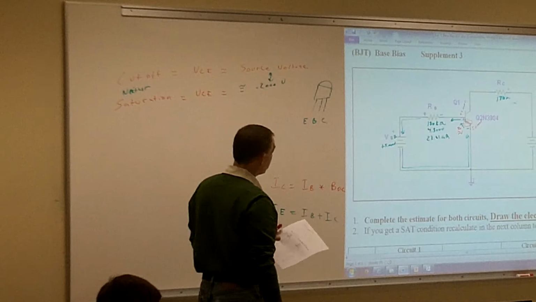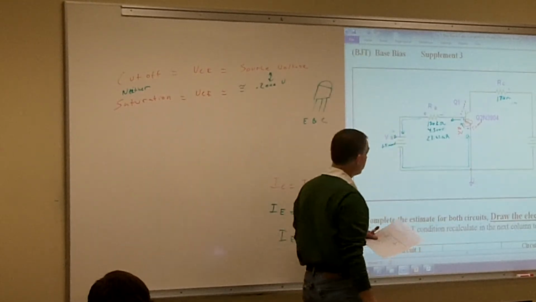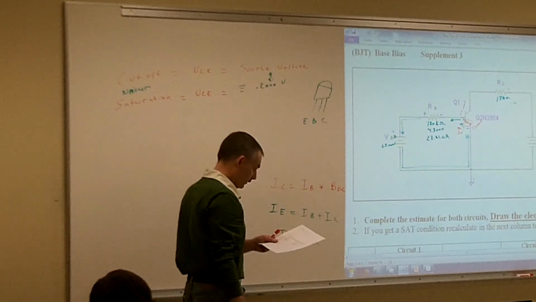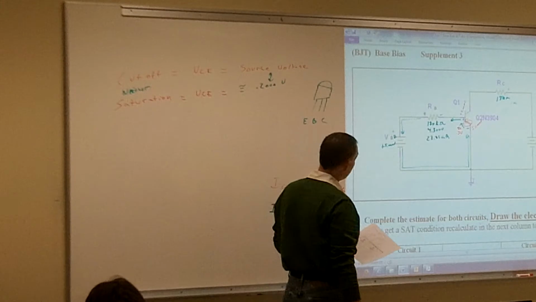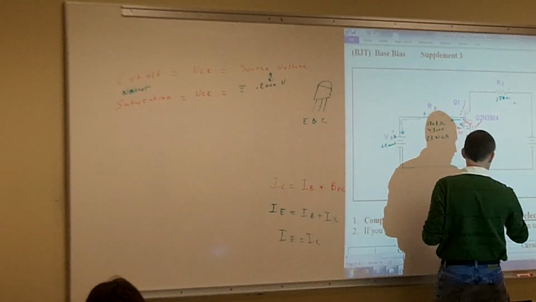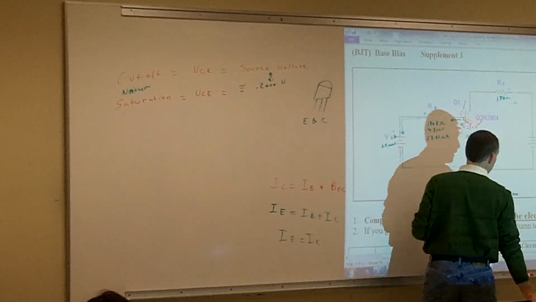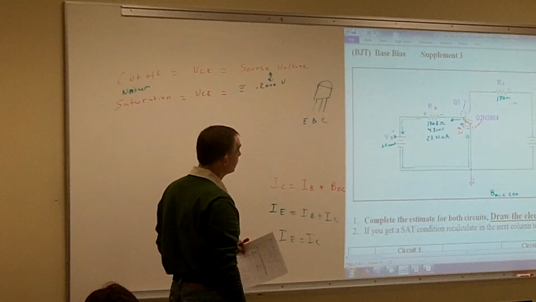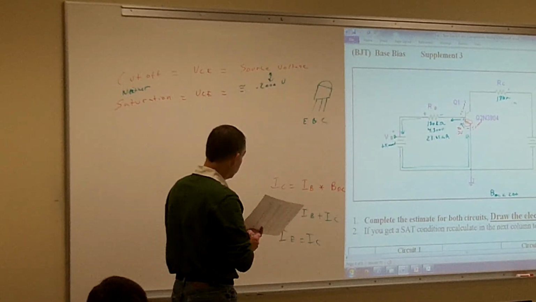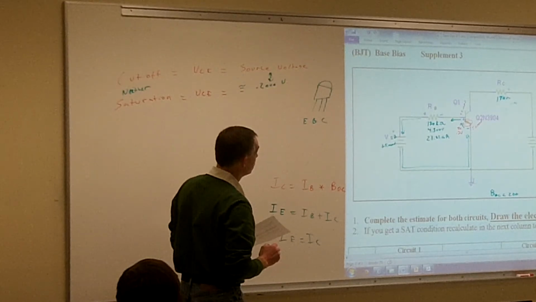Okay, so there's our current. Then what's our next step? Figure out our beta. It's 200. Okay, so we know that our beta DC is going to equal 200. Then now what's my next step? Figure out the IC. And how do I figure out my IC? IB times 200.